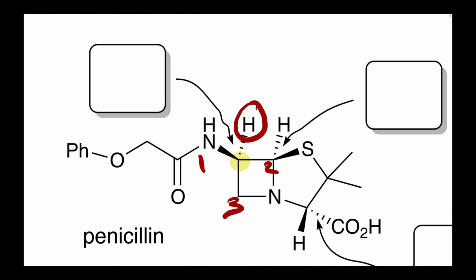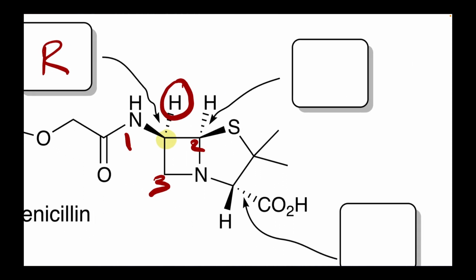Remember, clockwise, with the lowest priority group pointing away, would be R, counterclockwise would be S. Hopefully that one's pretty easy to see. That should be the R configuration. And then, of course, remember the thumb thing? Pointing the thumb back into the board, it would be your right hand versus your left hand.